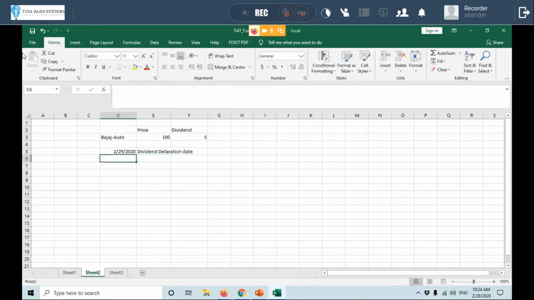Right? Now, what is today's closing of Bajaj Auto? 100 rupees. Yes. Now suppose Bajaj Auto says that on say 15th of March, we will pay the dividend. So the dividend payment date is 15th of March.